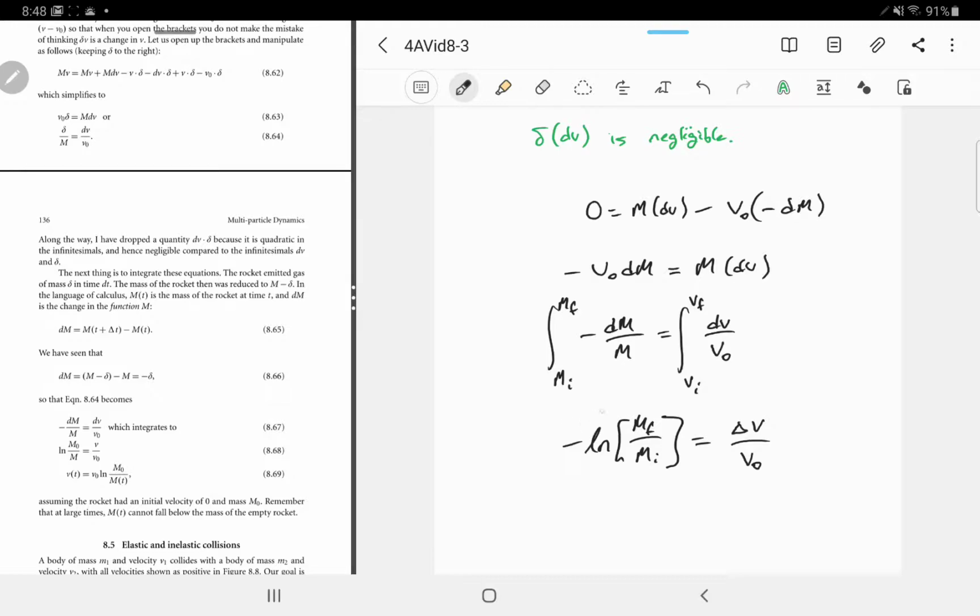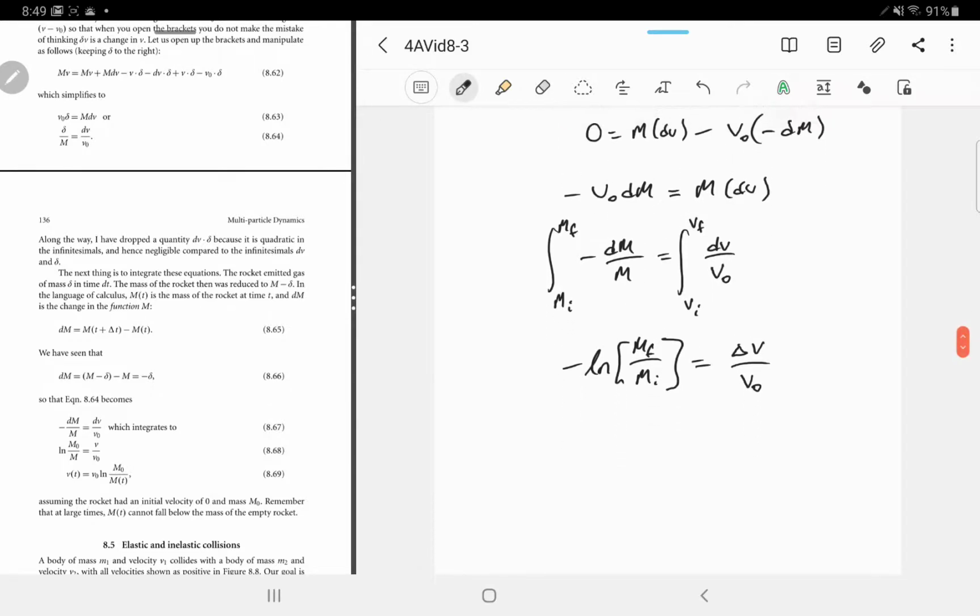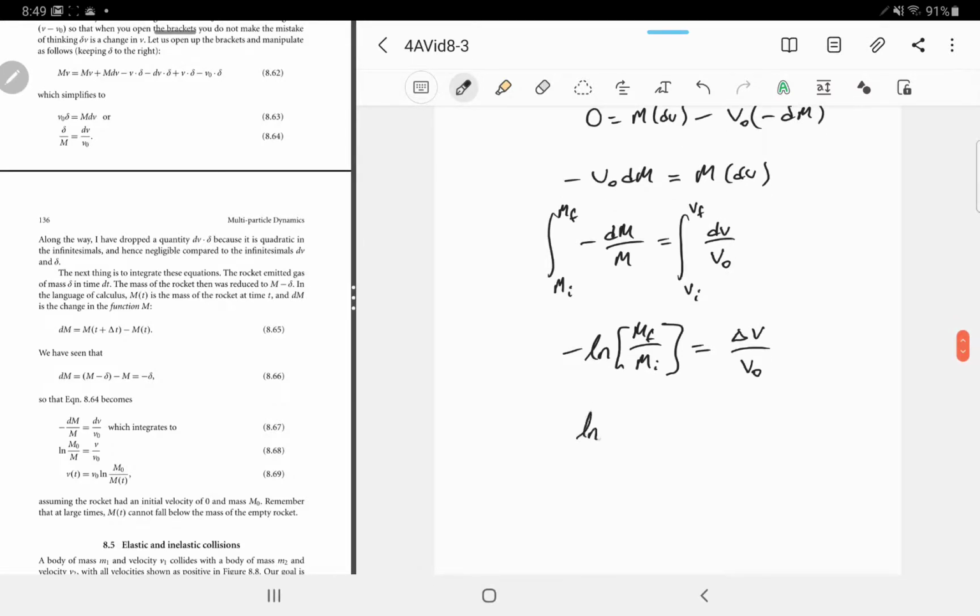Now, -1 times log, we can bring this to the exponent right here. Remember, a times log b is the same thing as log b to the a power. So this minus log becomes log of what's inside the square brackets to the -1, which all that does is flip the two terms.